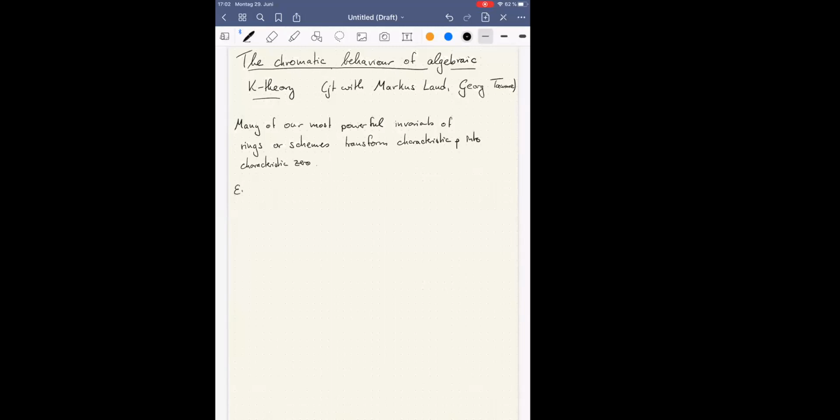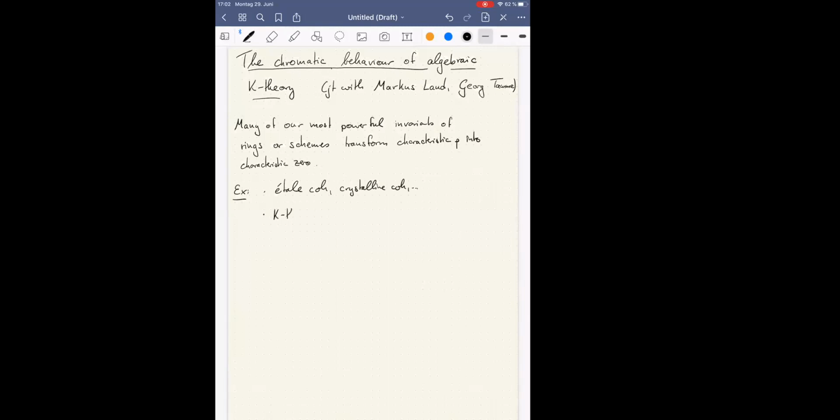So, for example, étale cohomology does this, or crystalline cohomology. Theories of this flavor, which I totally don't want to talk about today.